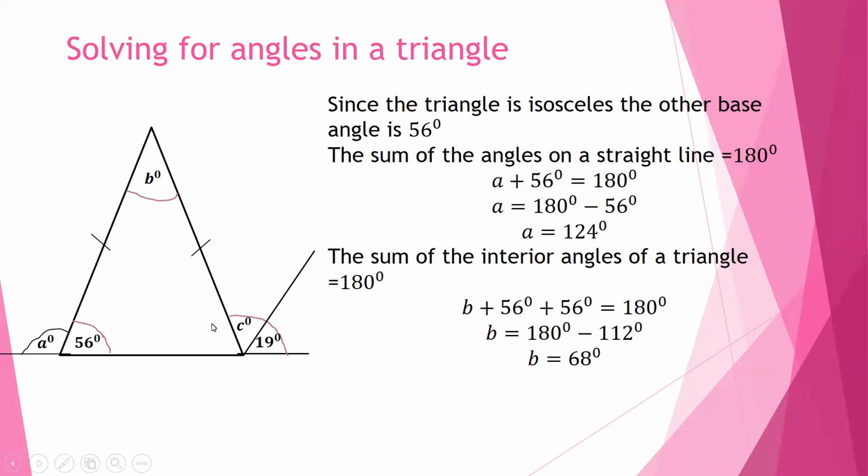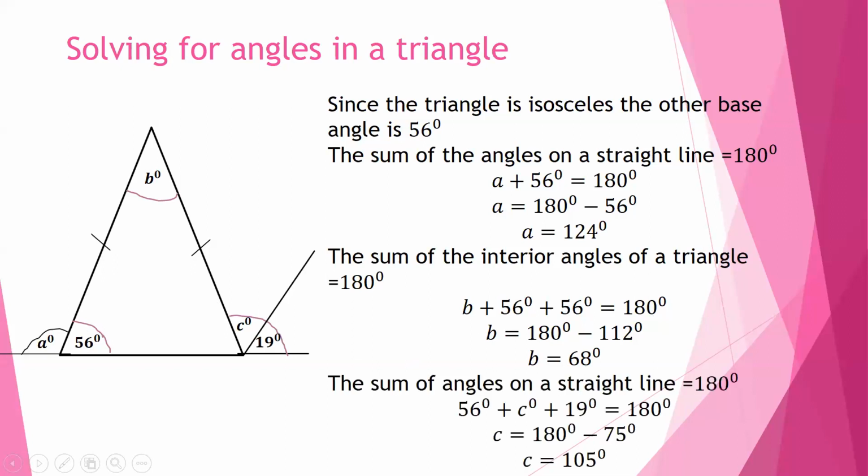So when you add all the interior angles of the triangle, you equate it to 180 degrees, then you'll be able to find your B. So we have here B plus 56 degrees plus 56 degrees equal to 180 degrees. So our B is what? 68 degrees, right? Okay.